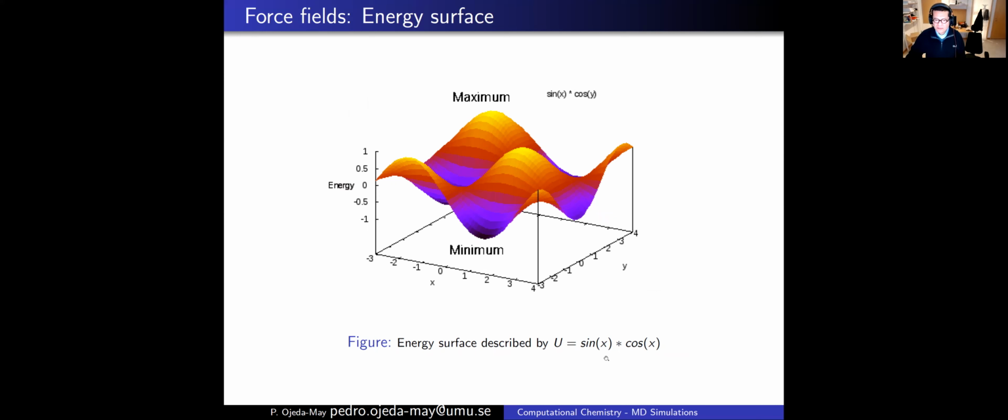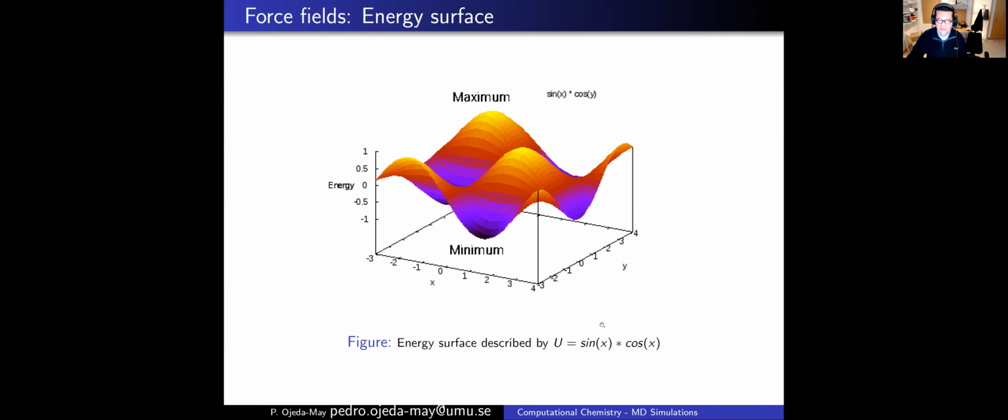And here you see that this plot is very rough. It has many minima and many maxima, right? And this is just a very simple equation, right? But imagine the one that I showed you before with several terms.